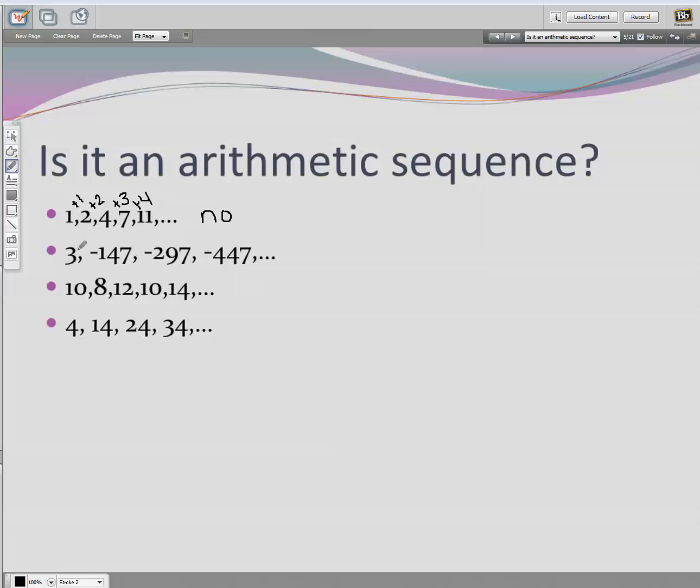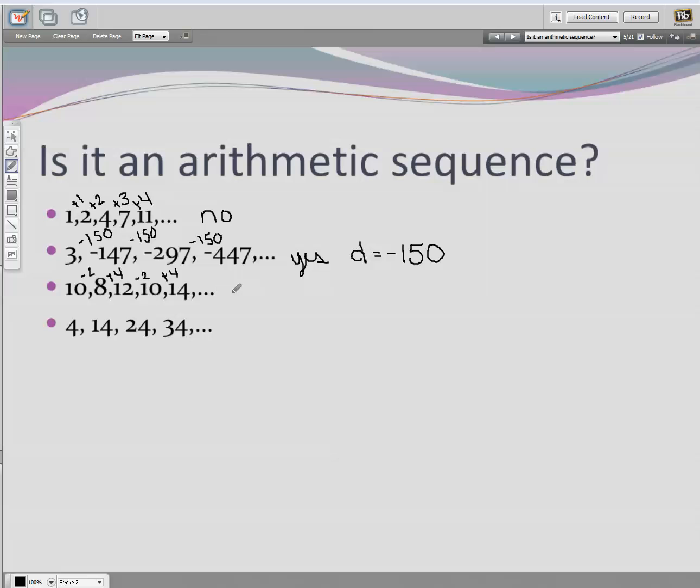In the second sequence, it looks like we are subtracting 150, and then we're subtracting 150 again, and subtracting 150 again. So I would say that yes, this is arithmetic. In fact, our common difference is going to be a negative 150. And the next one, it looks like we're subtracting 2 and then adding 4, subtracting 2 and adding 4.